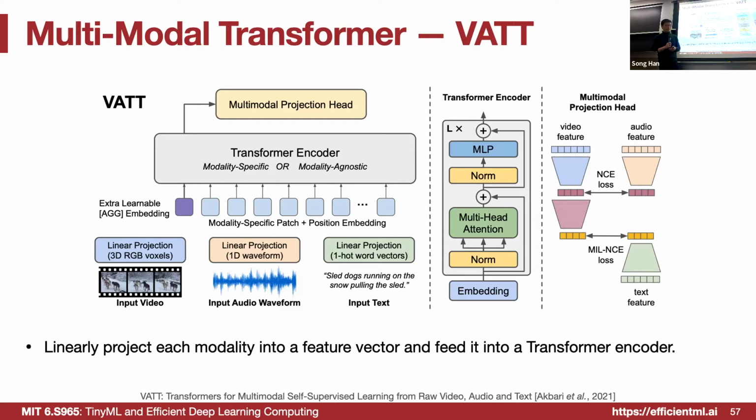We also make sure that the text corresponding to the video and the same video's waveform have a closer relationship. In that way, we can use this multimodal projection for the video feature, the audio feature, and the text feature to process them together.